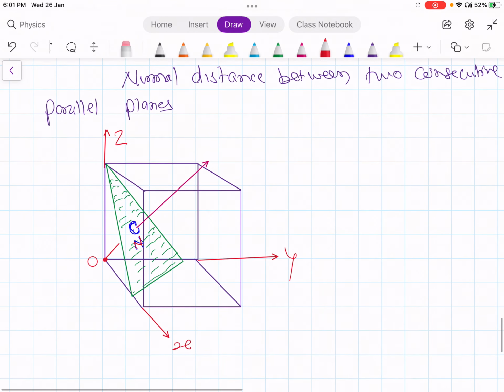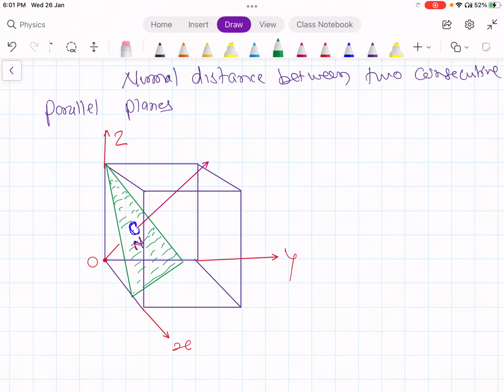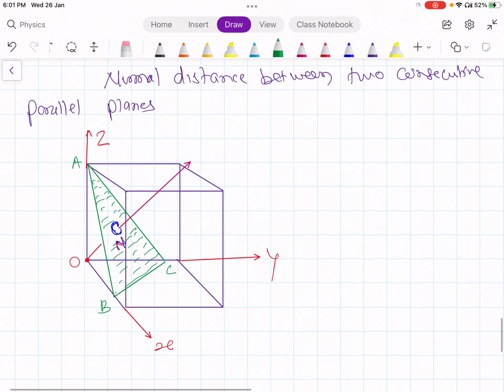Let us name this plane as the ABC plane. This is A, this is B, and this is C. ABC is the plane.